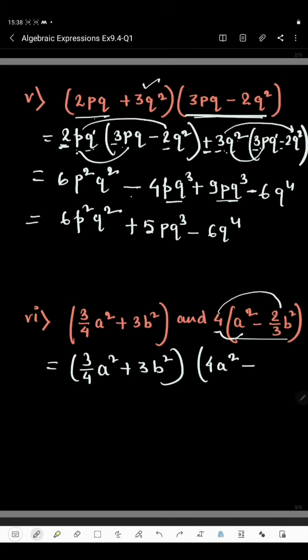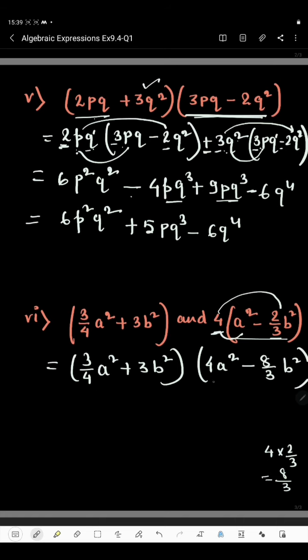Now 4 into 2 by 3 b square. So if you multiply the coefficient 4 into 2 by 3, what will you get here? 3 and 4 cannot be cancelled, so 4 will just multiply the numerator. 4 twos are 8, and in the denominator we have 3, so it's 8 by 3 b square.